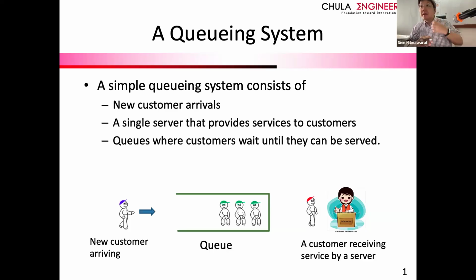So when it is the time for the customer at the head of the queue to be served, what will happen? Right now, let's say this customer with the red cap is being serviced.